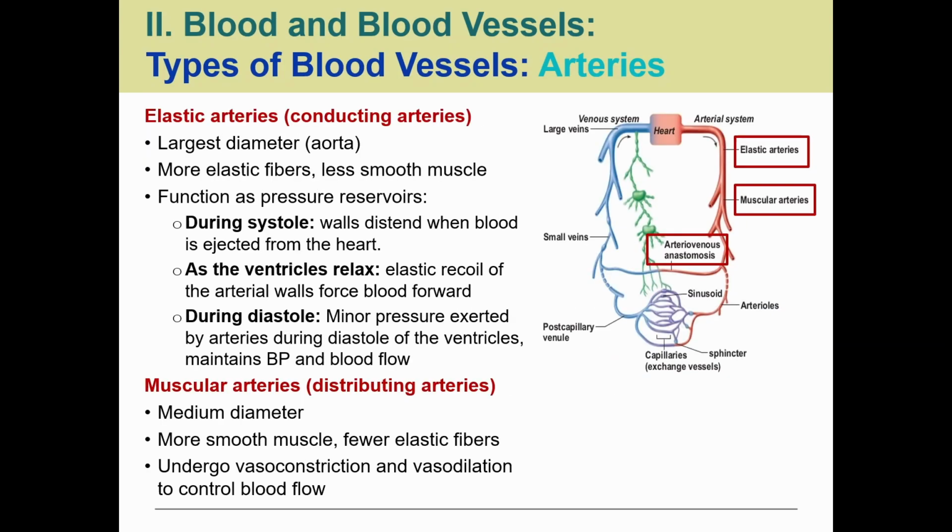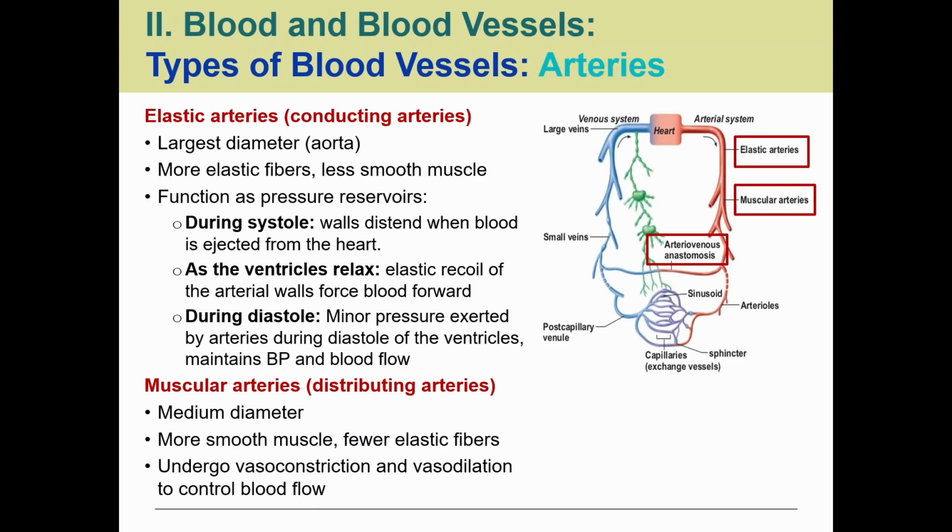So elastic, let's get into some details. They are the largest in diameter, so things like the aorta would be part of that. They have a lot of elastic fibers. They don't have as much smooth muscle because they're not going to be as involved with blood pressure. Their job is to just move blood and withstand the high pressure. So during systole, when blood is being actively pumped by the ventricles, the walls can distend because they're elastic.